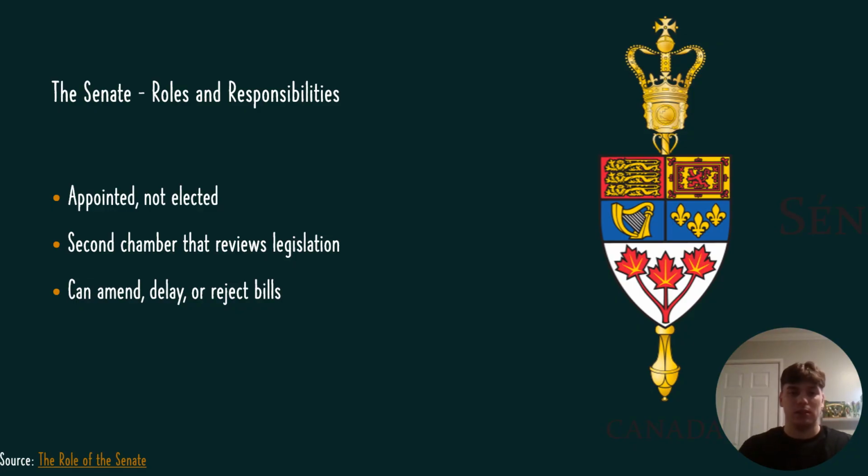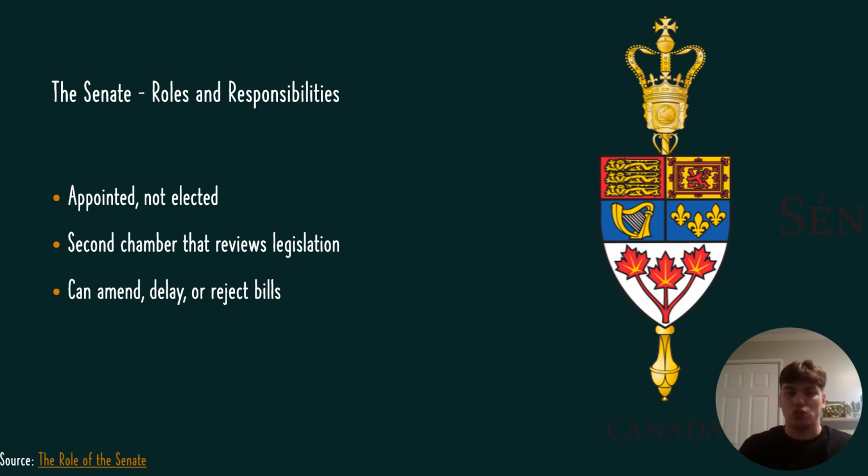Moving on to the next chamber, the Senate. The Senate is sometimes called the chamber of sober second thought. It is composed of 105 senators who are appointed by the Prime Minister and serve until age 75. The Senate's main job is to review and refine legislation passed by the House of Commons. While it can delay or amend bills, it rarely blocks them entirely.